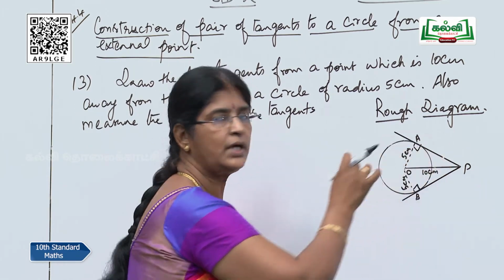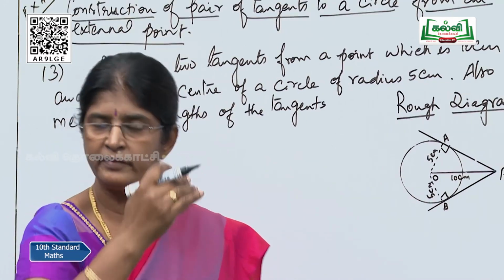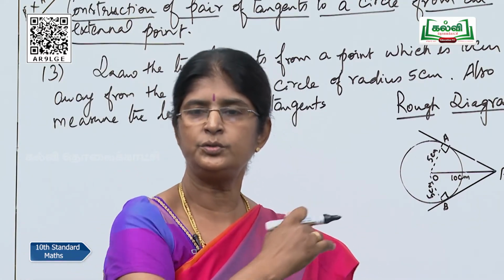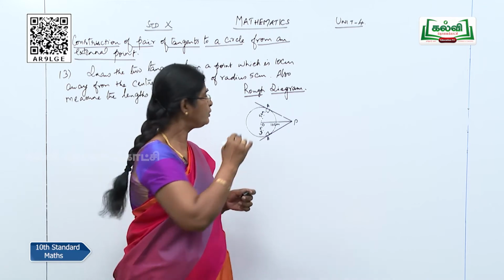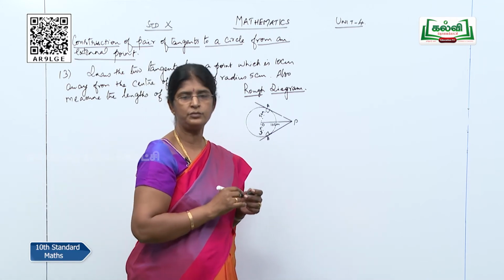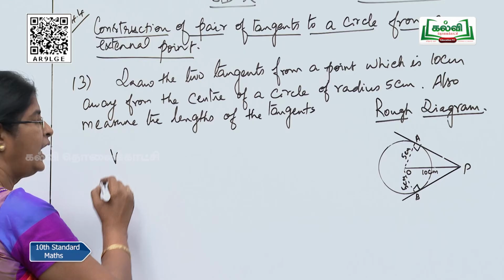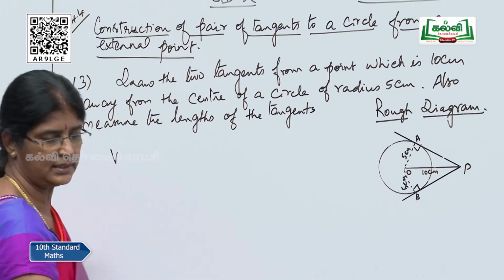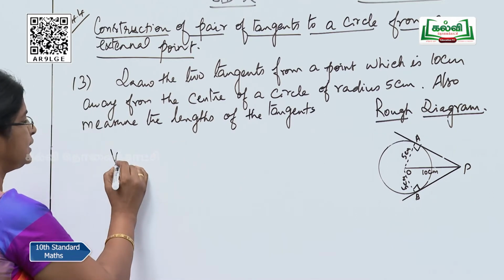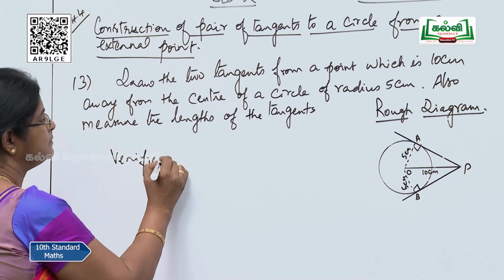Definitely we can find out the other side of it. So you can verify your answer using the verification also. So along with the construction, you have to write the verification also. We will write the verification and keep it. After we draw the circle and the diagram, we will complete the answer. Now verification.